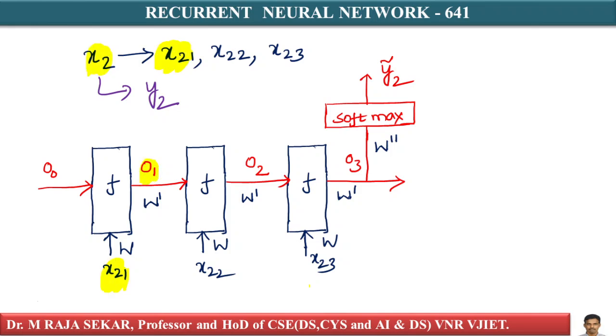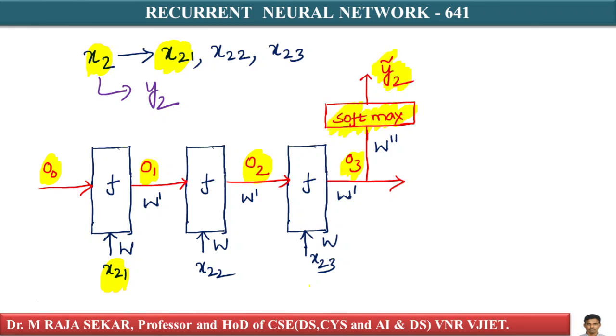But this O1 is generated using the first word of the second sentence, that is x21, and this O0 is anyway a random variable. Now you repeat this, it generates O2, isn't it? Now you give input x23, which generates your O3, isn't it? Since you reach the end of the sentence, now you have your softmax layer which generates your y2 tilde, isn't it?